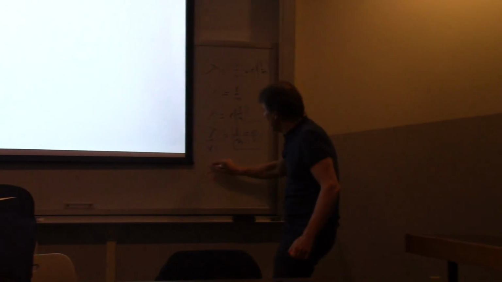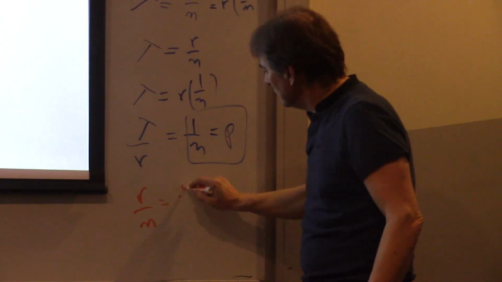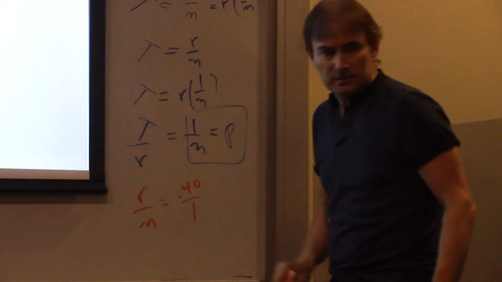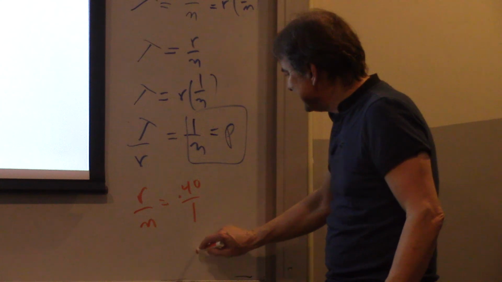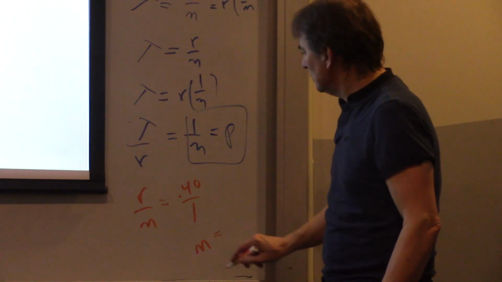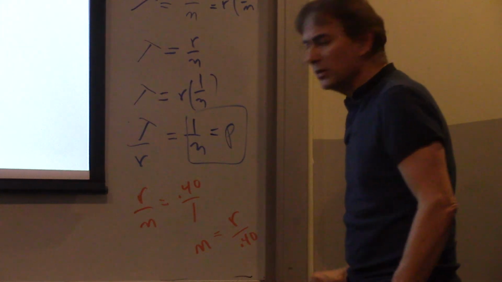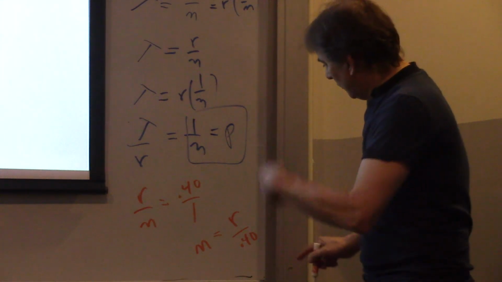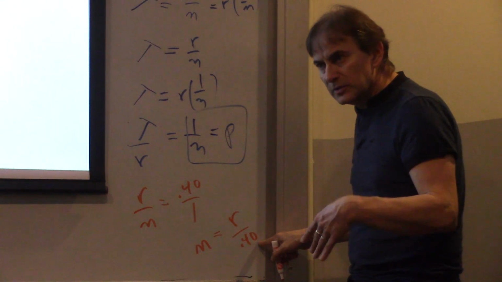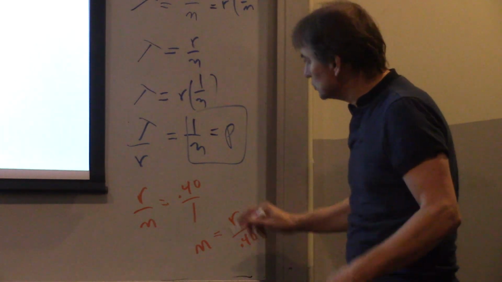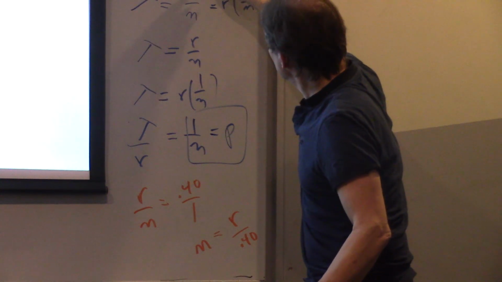R divided by N is equal to 40%, 0.40 over 1. So N is equal to R over 0.40. 0.40 is 4/10, 2/5. Dividing by 2/5 is multiplying by 5 over 2. So N is equal to 5 over 2 R.